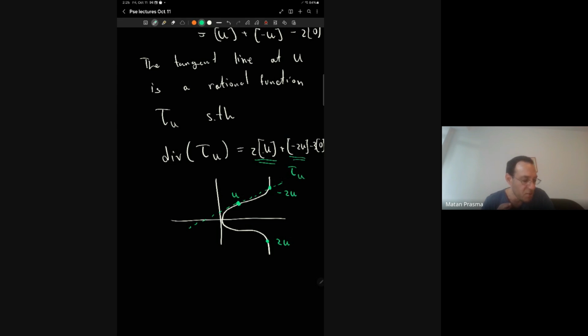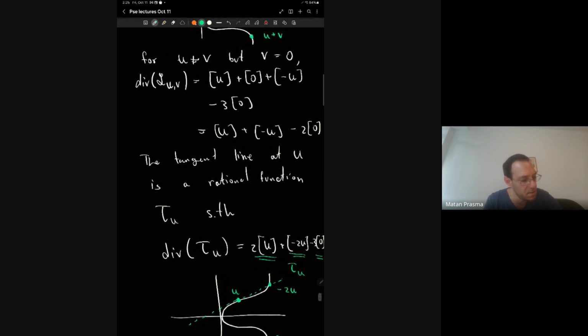At U, I have degree 2, so it means that at minus 2U, I have to have degree 1. And then, since it's a rational function, I know that I have to have a pole of degree 3, and this pole has to be at O, because it cannot be at any other point. Is this okay? This tangent line and horizontal line, I guess.